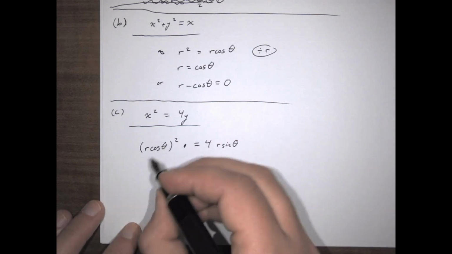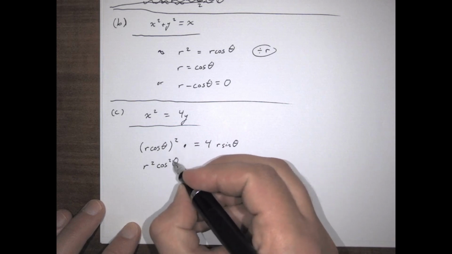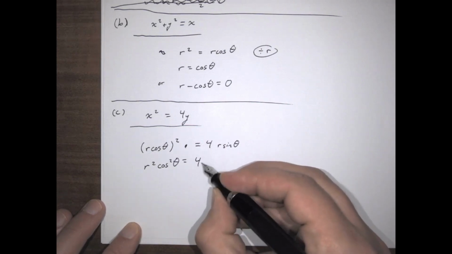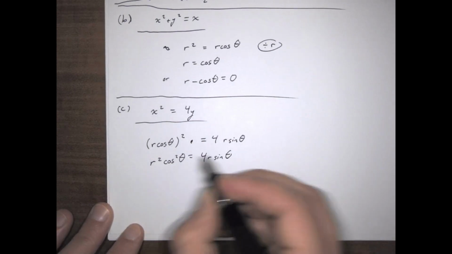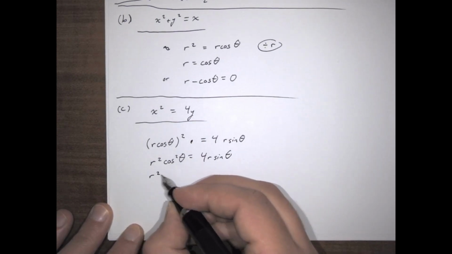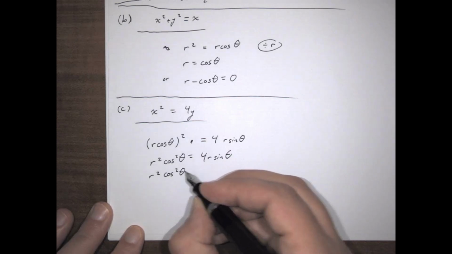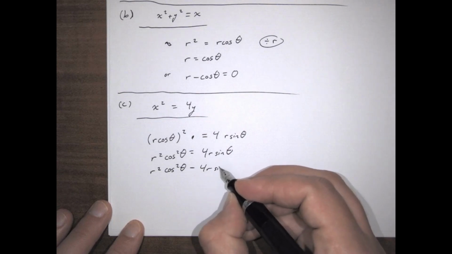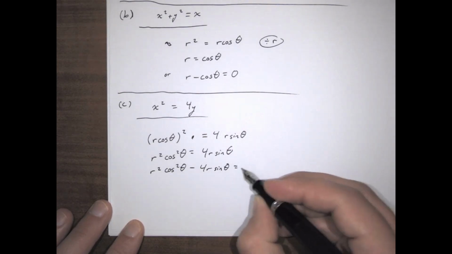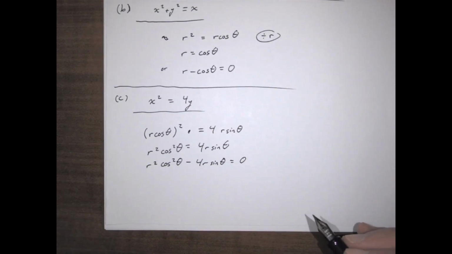Now I would just distribute the square, and I'd have r squared cosine squared theta is equal to 4r sine theta. And then you can just move everything to one side if that's what Pearson wants you to do: r squared cosine squared theta minus 4r sine theta equals 0. So that's how that would go.